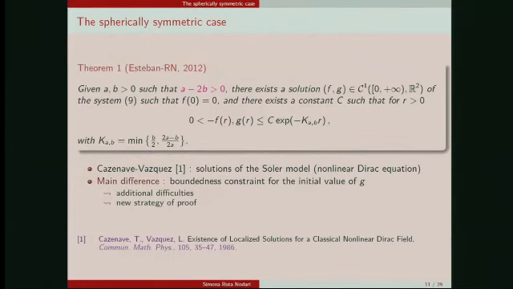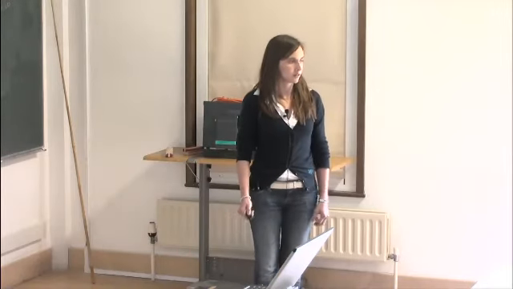This theorem and its proof are similar to a result of Cazenave and Vazquez that they obtained for the Soler model, which involves a nonlinear Dirac equation. The main difference is that in our case, we have a bound constraint for the initial values of G. Because of these constraints, we have to deal with additional difficulties, and a new strategy of proof is needed.